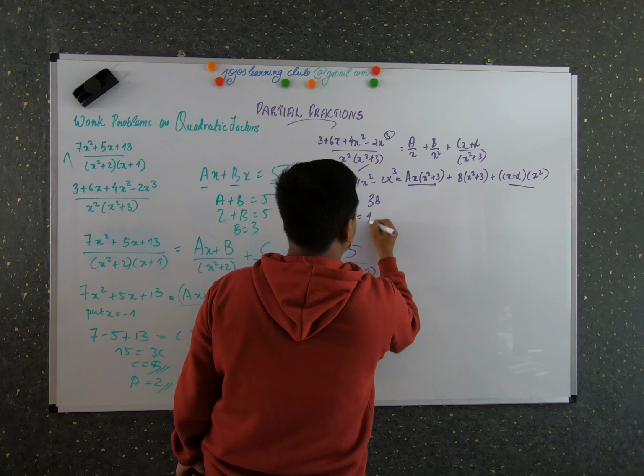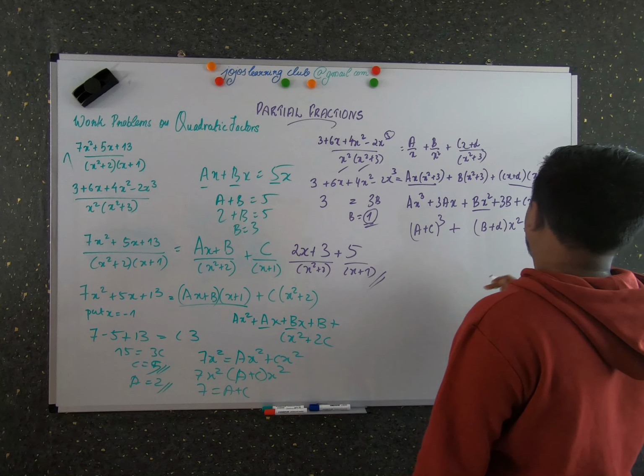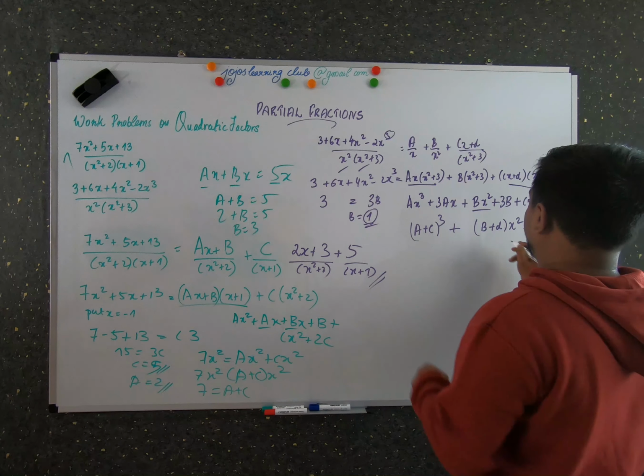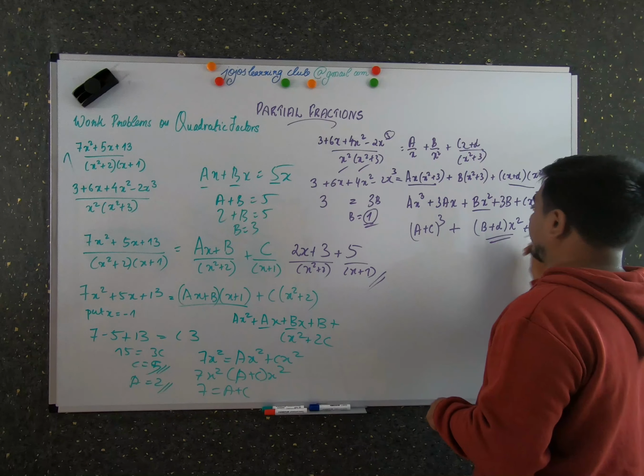I'm going to take these two terms: b plus d the whole times x square, and a plus c the whole times x cube, plus again 3ax. The x terms are cx cube plus dx square, right? Here bx square plus 3b. So b plus d the whole x square.